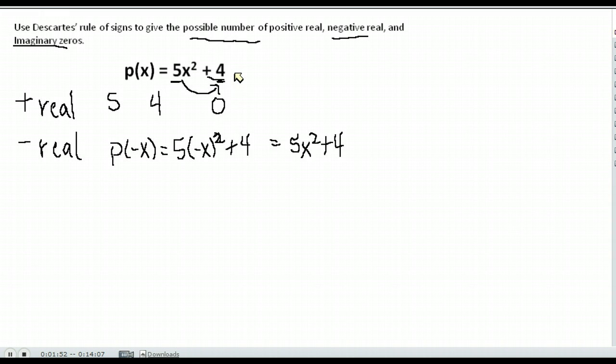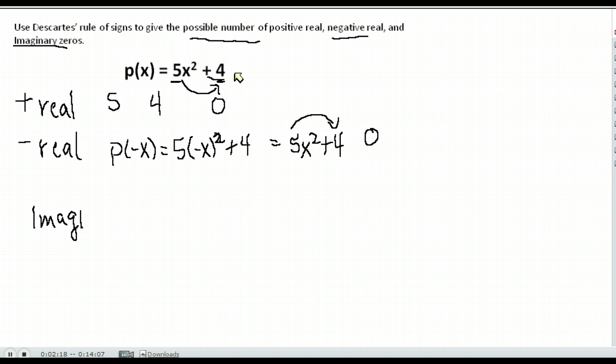Now, one good rule of thumb is when you do the negative real zeros, if you just take the polynomial, anything with an odd number exponent, its sign will change. Okay, then you look at the polynomial, and once again we look for sign changes. I go from positive 5 to positive 4. No sign changes there also. So we have 0 negative real zeros.